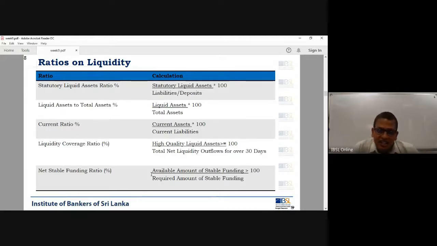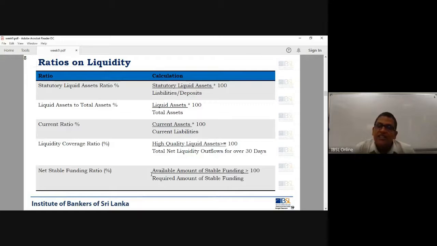Under the direction, banks must maintain 20% as a statutory liquid asset ratio. We calculate it as statutory liquid assets divided by total liabilities or deposits multiplied by 100.